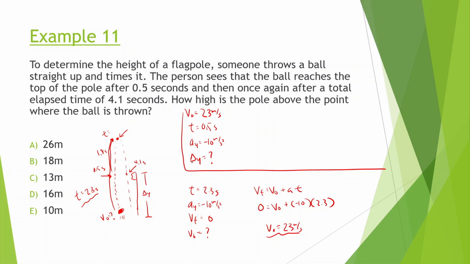So what I could find out next is, now that I have 3 pieces of information, I can find out what this fourth one is. So displacement of y equals v initial y t plus 1/2 a y t squared. Displacement of y is equal to 23 times 0.5 plus 1/2 times negative 10 times 0.5 squared. Now let me put this in my calculator.